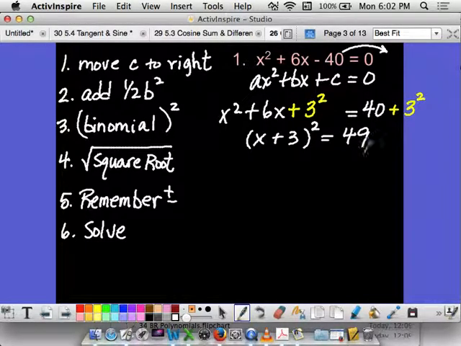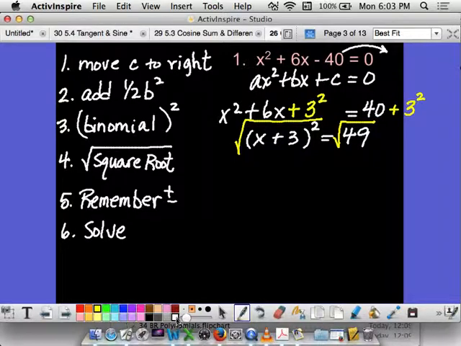So I get to this point, and I have this binomial square. I added half of b squared to both sides, came up with the binomial square right here, and I want to undo that square. Remember, to undo a square, you have to take a square root. So I'm going to take the square root of both sides right here.